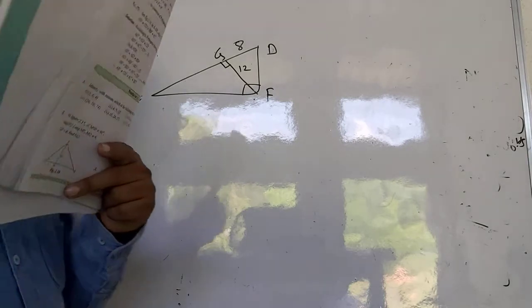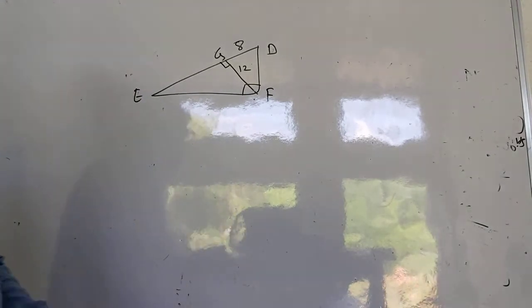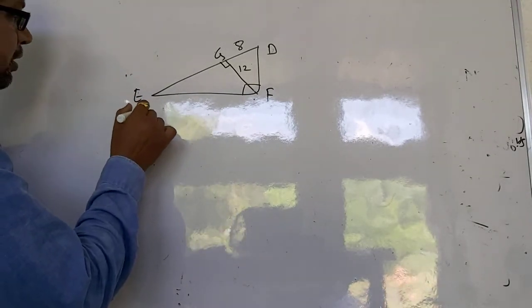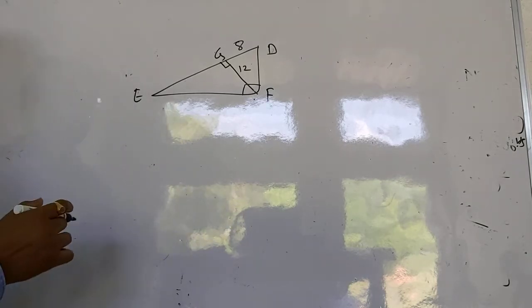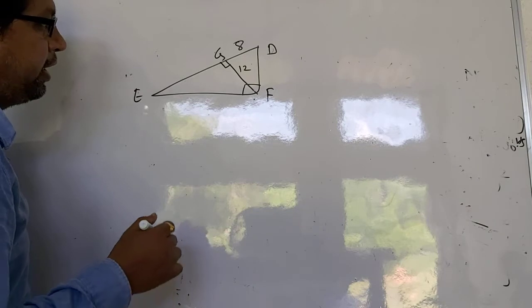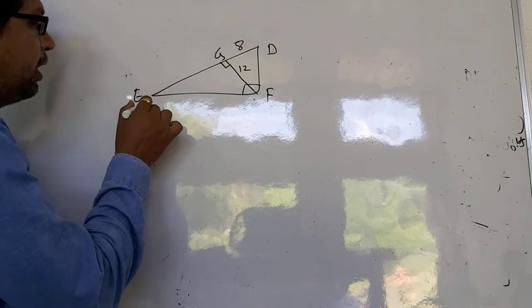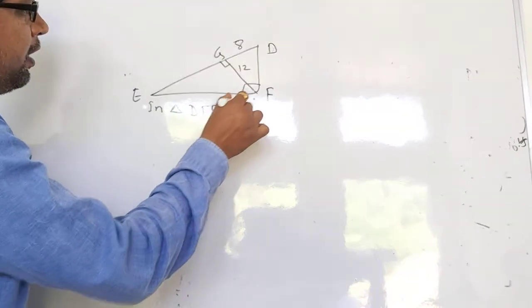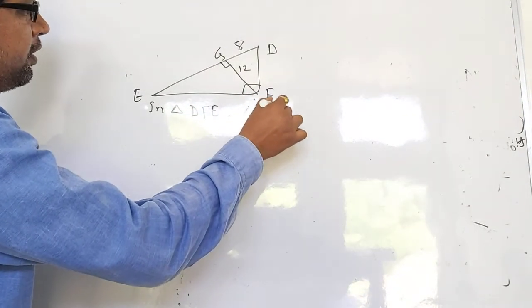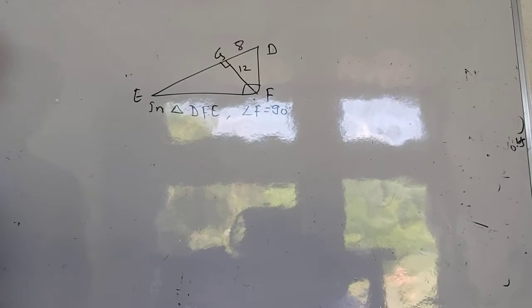Okay. Now the given information I will write first of all. Given information to you is GD and GF. So first of all, in triangle DFE, angle F is equal to 90. You can take angle DFE also.